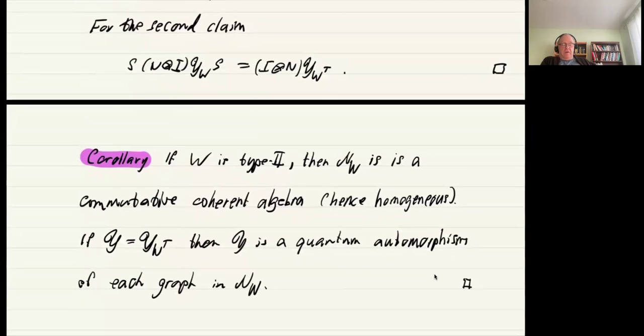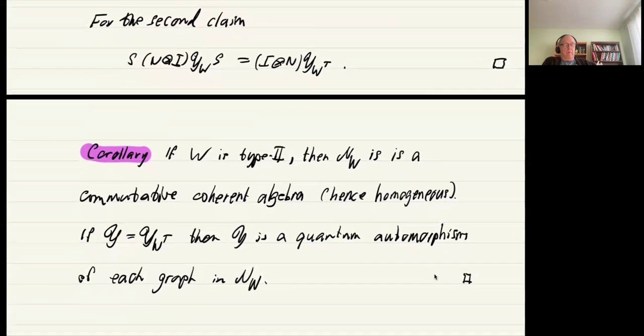And so the conclusion then is that if W is type 2, then N_W is a commutative coherent algebra. If Y is equal to the matrix idempotent of W transpose, then Y is a quantum automorphism of each graph in N_W. And I probably should say, let me be a bit more precise here.